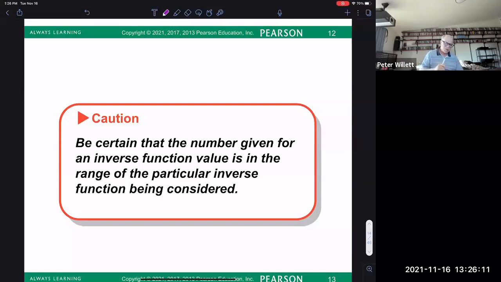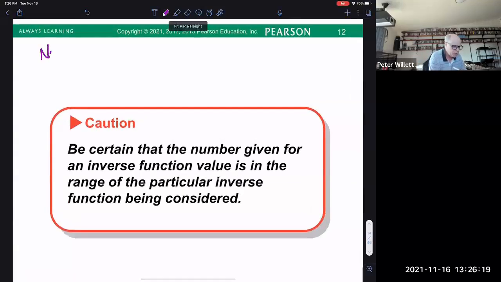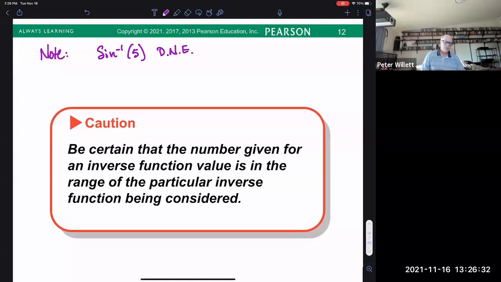So just to show how we could take this concept and translate it into all the work we're about to do, we could say, for example, note: sine inverse of 5 does not exist because there's no angle that will cause the sine function to give you a 5.